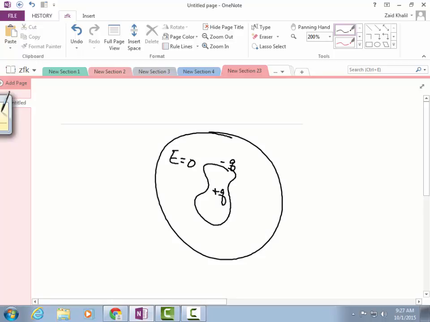So in other words, there's going to be a field inside here. E is not zero inside the cavity. Would there still be a positive charge on the outer surface? Think about this. This is really amazing.